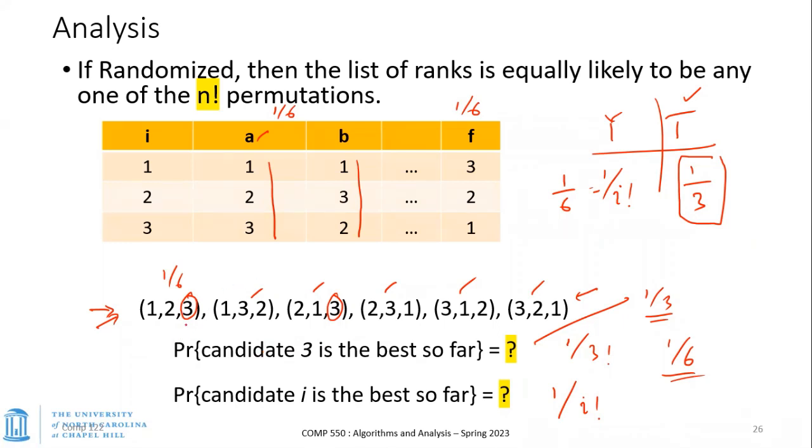Those are 1, 2, 3, or 2, 1, 3. In both of those scenarios, candidate 3 would actually be the best so far.